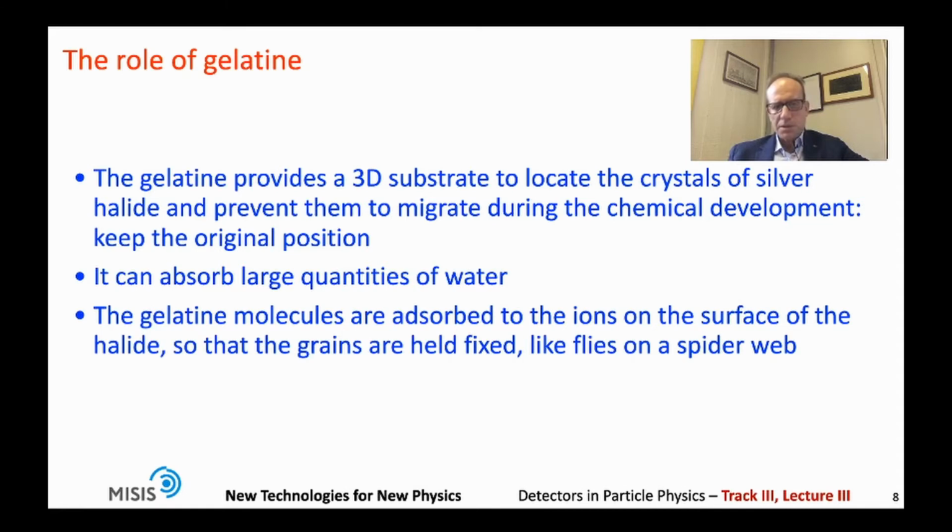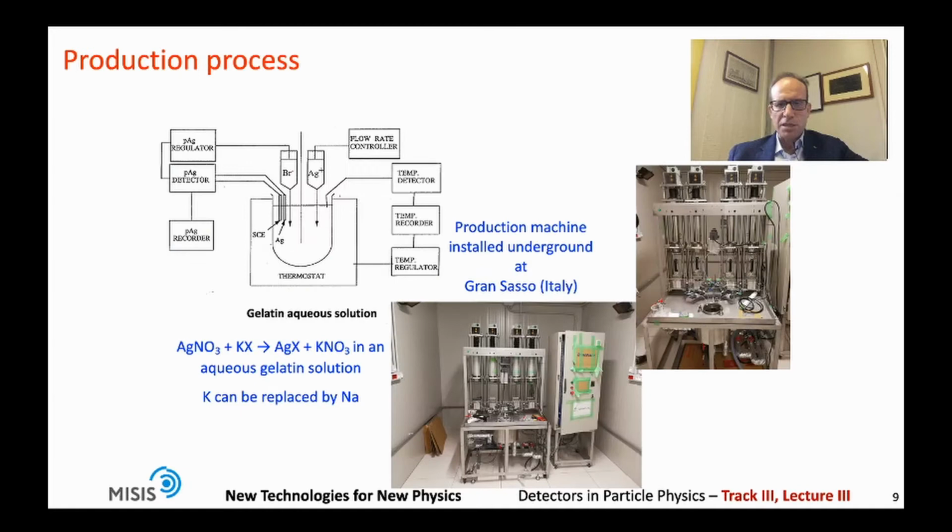It can absorb a large quantity of water, which is needed during the bath, during the chemical development of the films, and the grains are held fixed like flies on a spider web. So this is very important, to keep the original position.